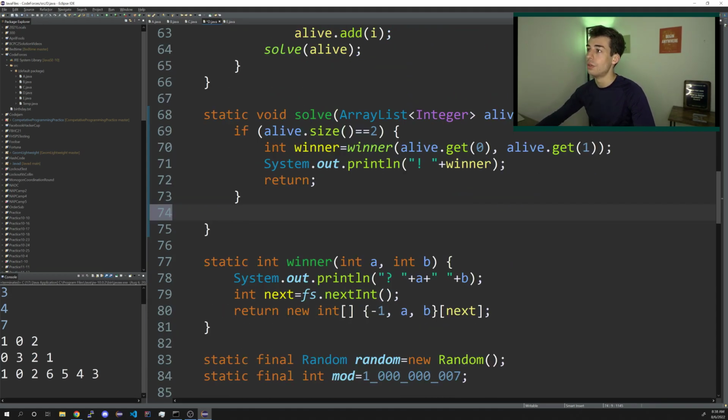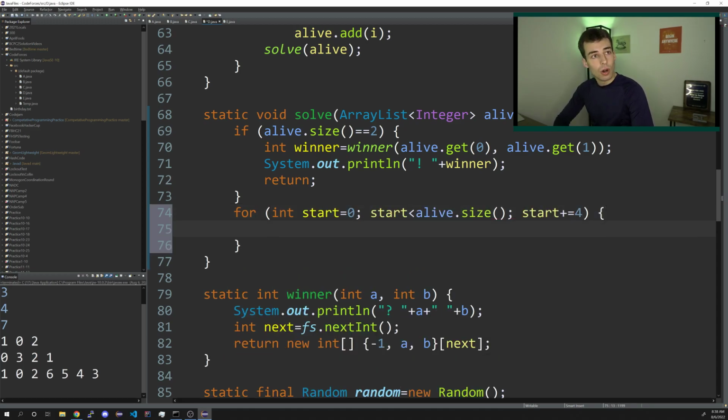Otherwise, we need to split this into groups of 4. So for int start equals 0, start is less than alive.size, start plus equals 4. All powers of 2 that are bigger than 2 are multiples of 4. Is that true? 8 is a multiple of 4.